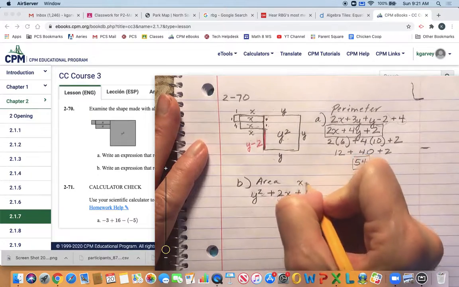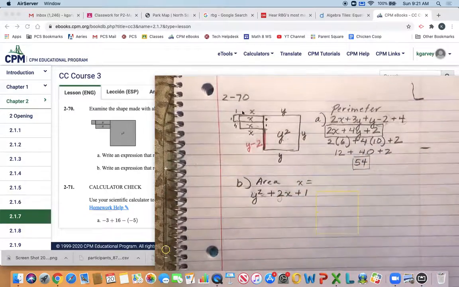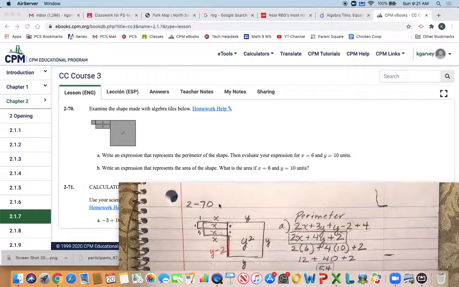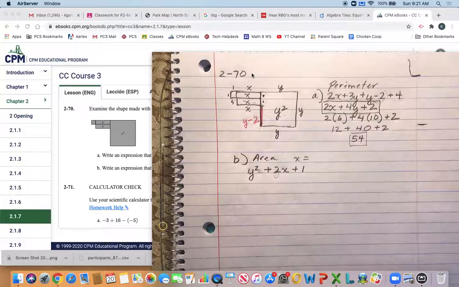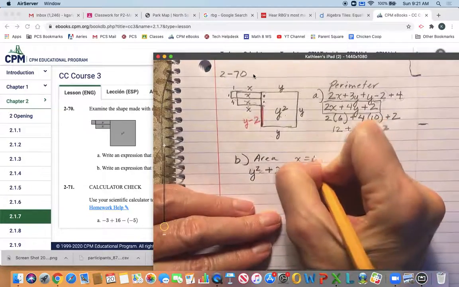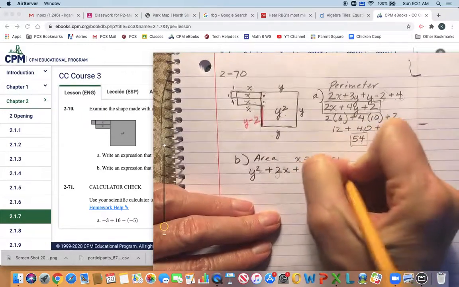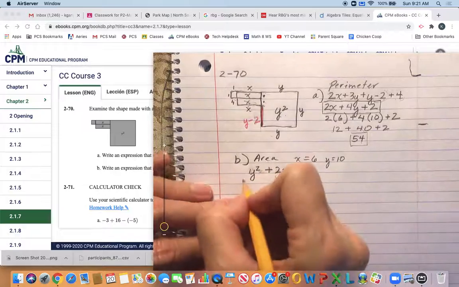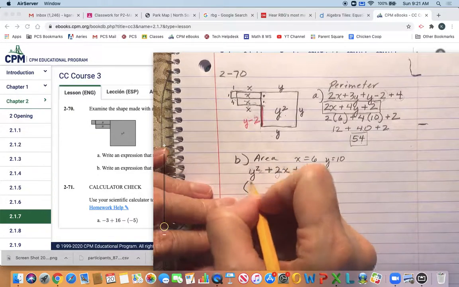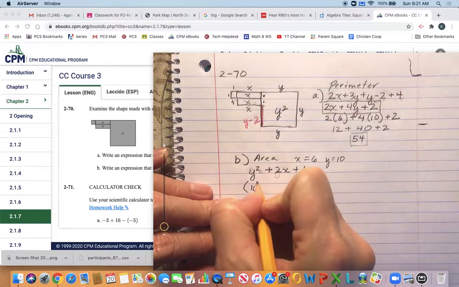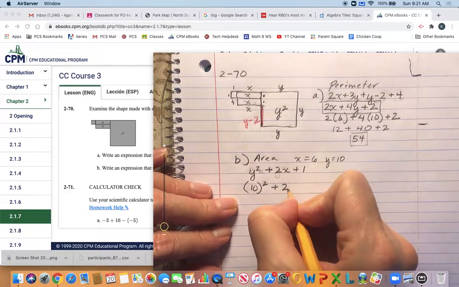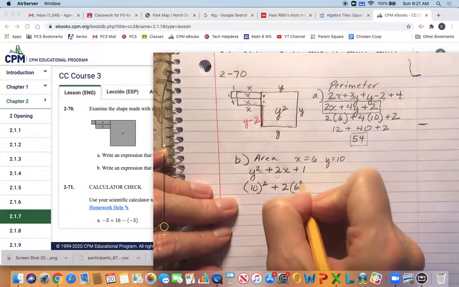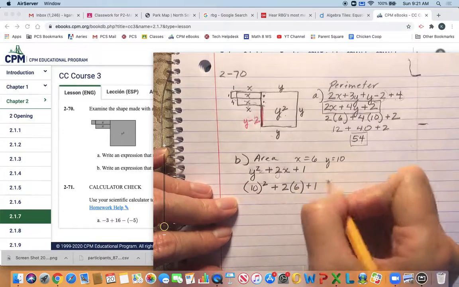All right, so let's see. This time the value of x is equal to what? 6. Oh, and 10. It's the same values. So I'm just going to put these values in. So y squared becomes 10 squared plus 2 times x is 2 times 6 and then plus 1.